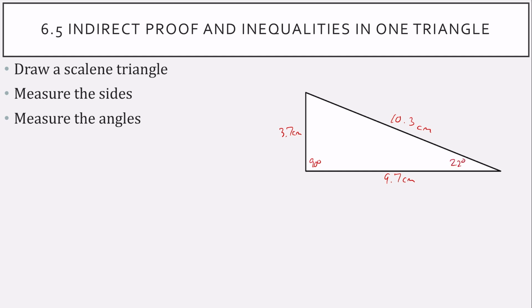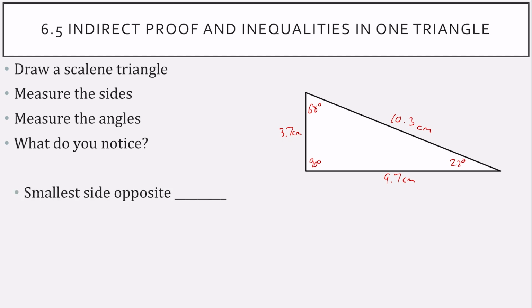And so the other one should be 68 degrees, because they all have to add up to 180. All right, what do we notice? The smallest side. So our smallest side here is opposite... what do you notice about that angle?